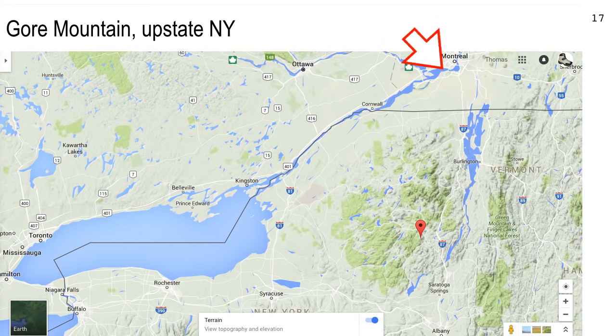Here's Montreal up here on the upper right. And down here is Buffalo, New York. And up here is Toronto. All right, so that's the basic area. So upstate New York, and that big blue thing is Lake Ontario.